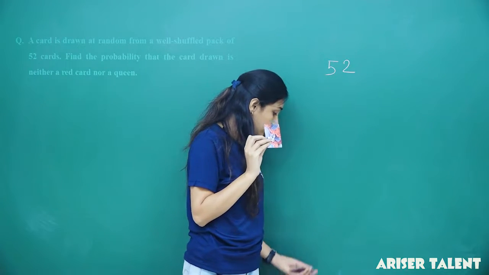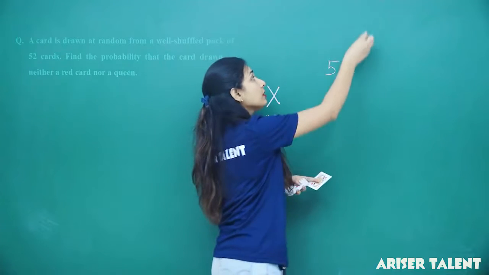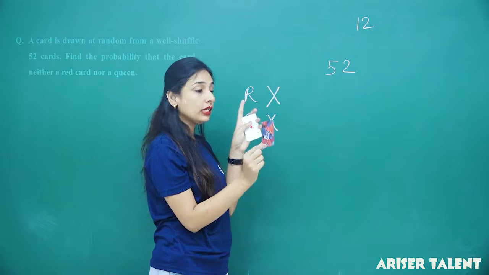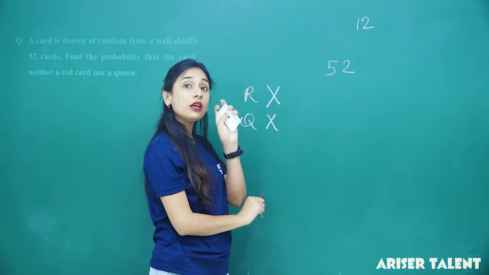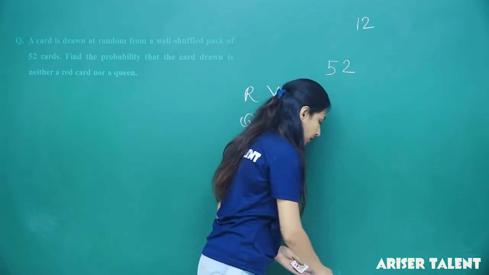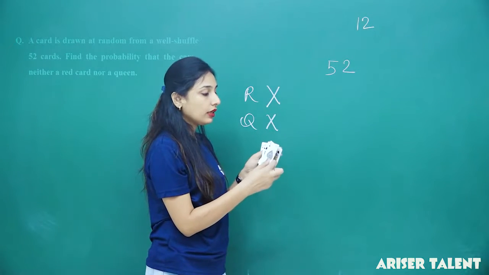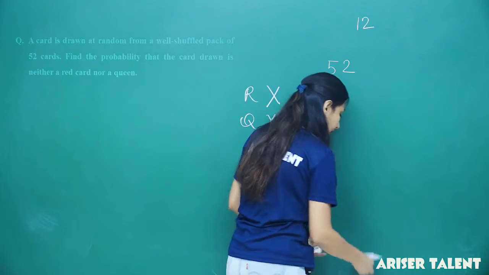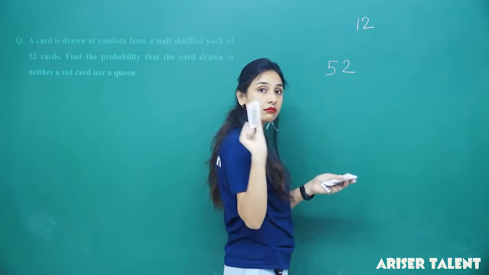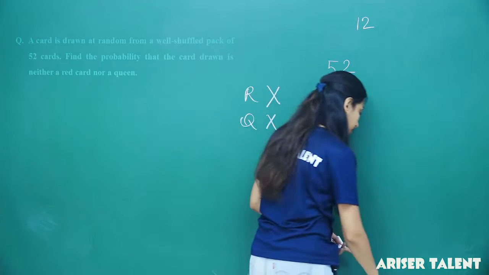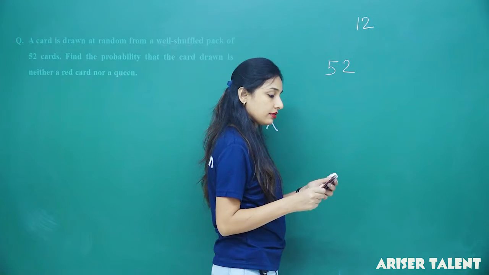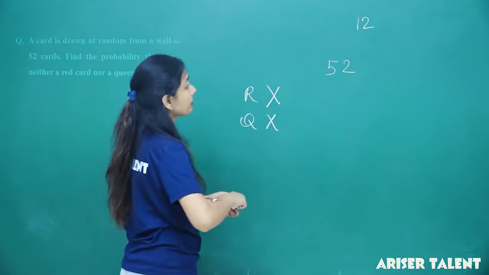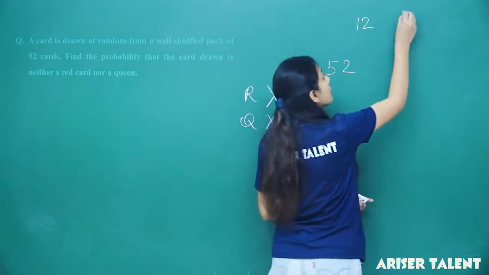Okay. So removed. Now this is left with 12. I have removed this. This was the pack of 13. Now it has remained with 12. Now I have removed the queen from this as well. 12. And then again this queen. 12. And then again queen from this. Again 12. So 12, 12, 12, 12.